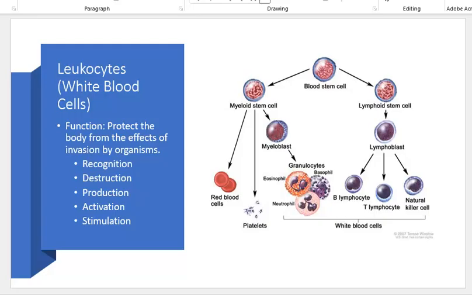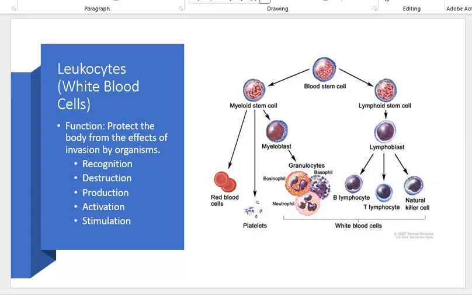Next, we're going to talk about leukocytes. These are our white blood cells. Their function is to protect the body from the effects of invasion by organisms. There are several steps there. You have recognition of self versus non-self, and destruction of foreign invaders, cellular debris, and unhealthy or abnormal cells.